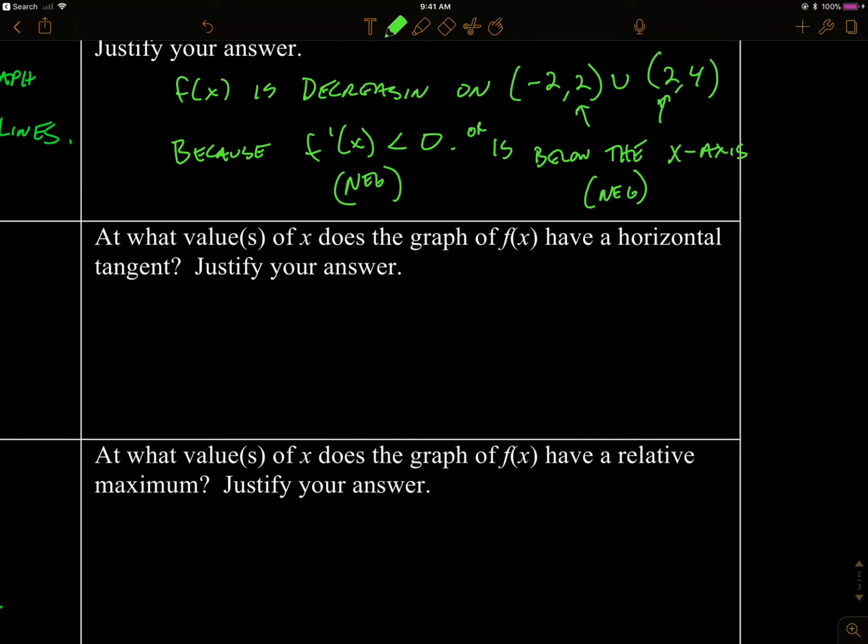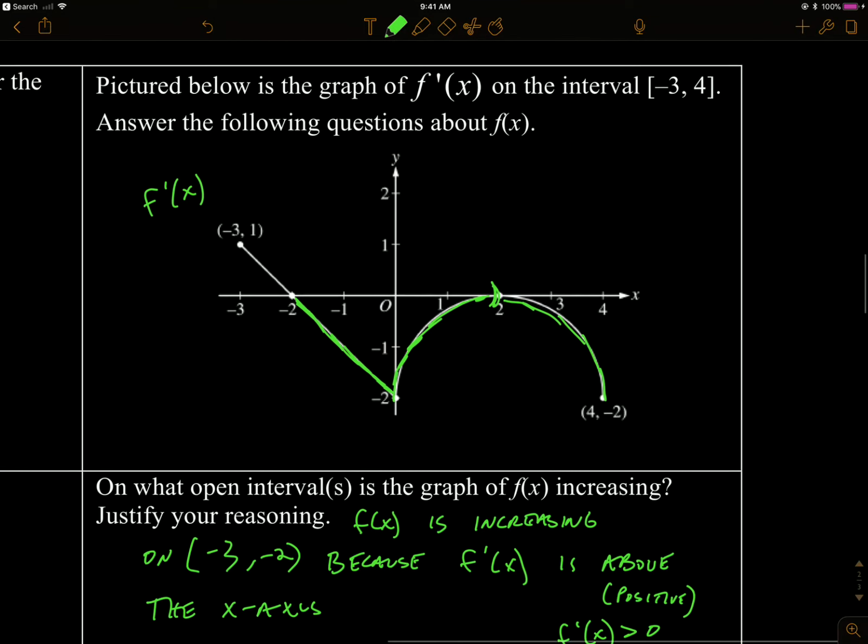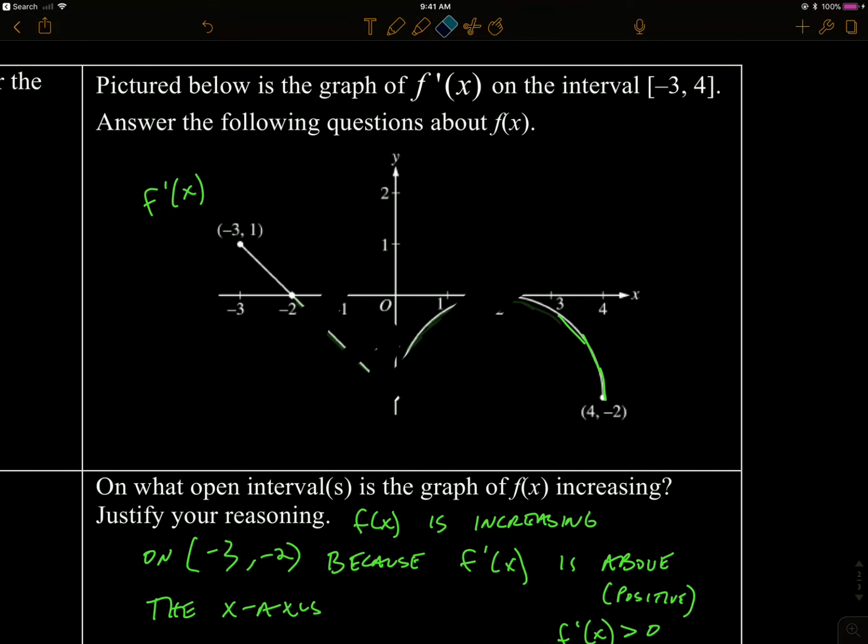At what values of x does the graph have a horizontal tangent? Justify your answer. So we're going to say f of x has a horizontal tangent at, and it's going to be at certain x values. It's not going to be an interval. Anywhere where my derivative is equal to 0.